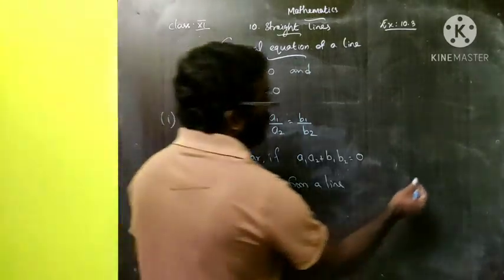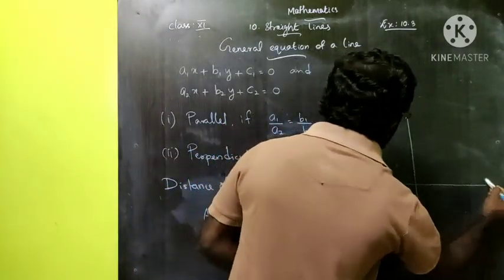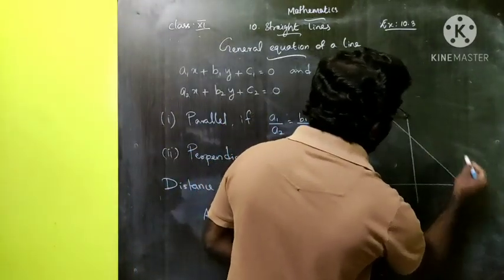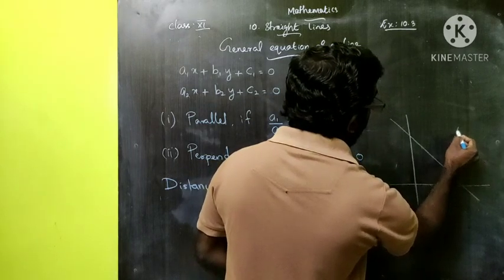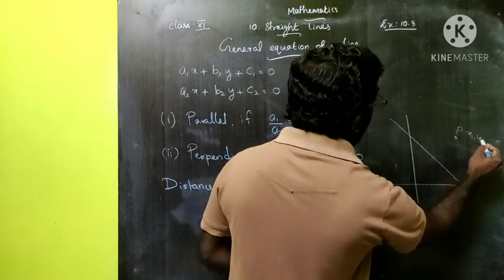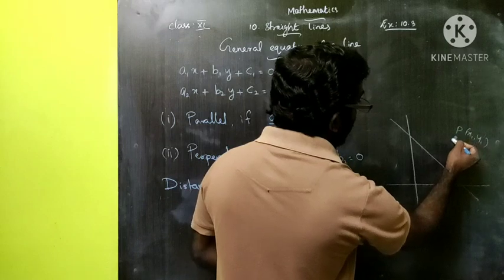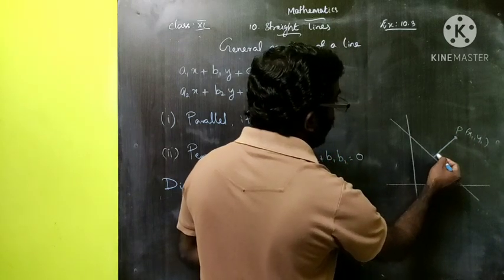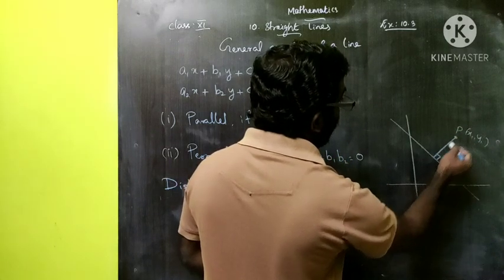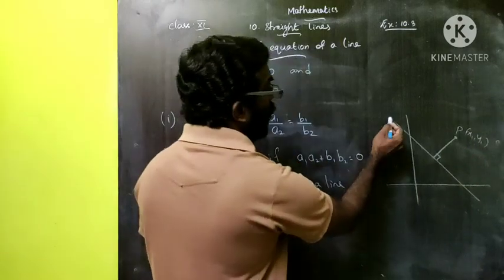If you draw the figure, it looks like this. This is a line, and if we consider a point P of x1 comma y1, this distance is called the perpendicular distance of a point from a line.